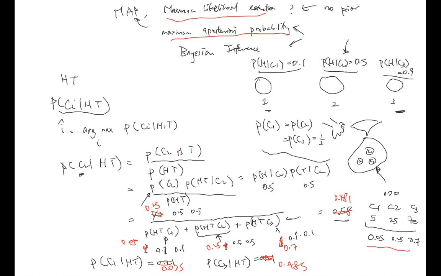I drew a coin from the bag, and then I flip it twice, and I got a head and tail. Now the question, rather than ask you to guess which coin I picked from the bag, is: if I flip this coin again, the third time, how likely will I get a head, given your observation that the previous observation is head and tail?